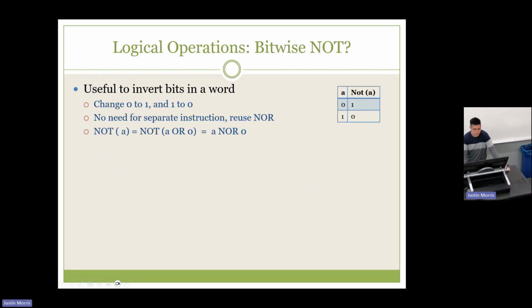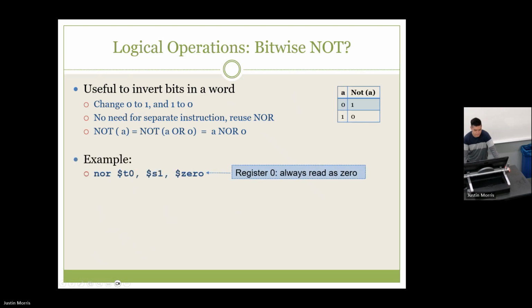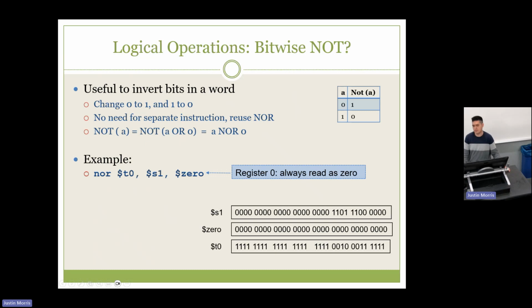Right. So we do not have a not instruction in MIPS. And that is simply because you don't need one, right? Because if you just do this instead, you get not. So you can just do a nor with 0, and that would invert a. So you do the nor instruction, use 0 as the second operand, and now you get an invert.